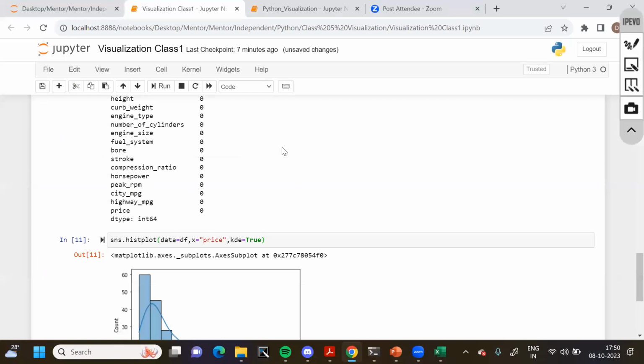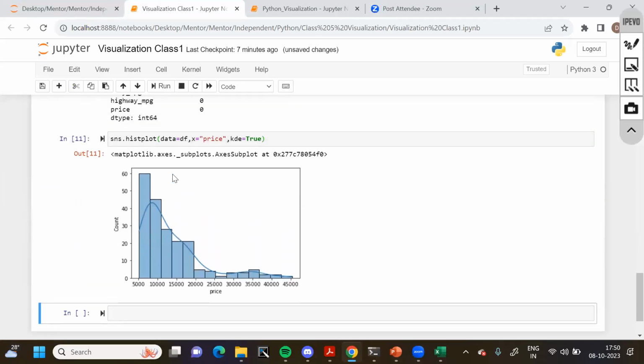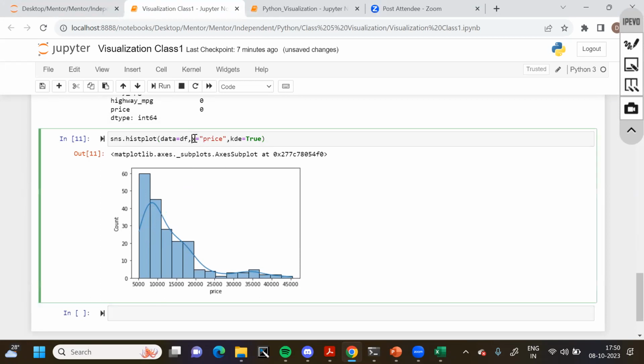What happens? What is x? x is the x-axis. In the x-axis I am giving the price. These are the prices.